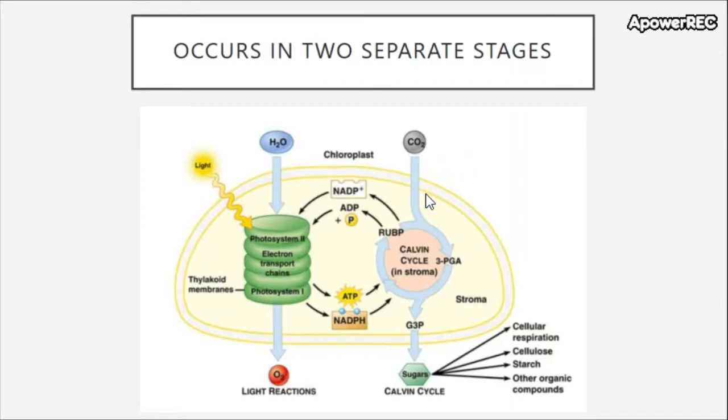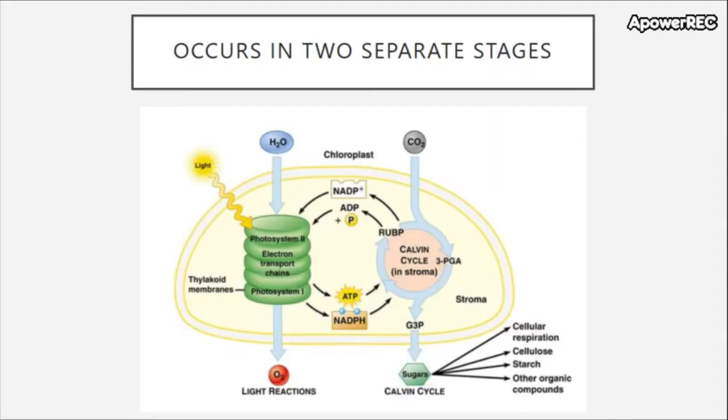And it occurs on the thylakoid membranes, which are the specialized membrane system in chloroplasts. The Calvin cycle occurs in what is called the stroma of the chloroplast. So we have thylakoid membranes for our electron transport chain and the stroma for our Calvin cycle.